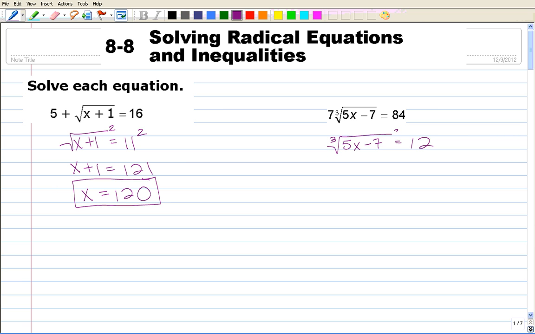Well, if I raise this to the power of 3, if I cube both sides, the cube root and the cube cancel out, so I'm left with 5x minus 7 equals 12 cubed, which is 1728. Now I just solve, and it's really easy. Add 7, so I'll have 5x equals 1735. And then divide by 5 and I get x equals 347.